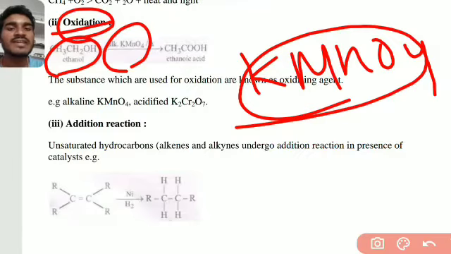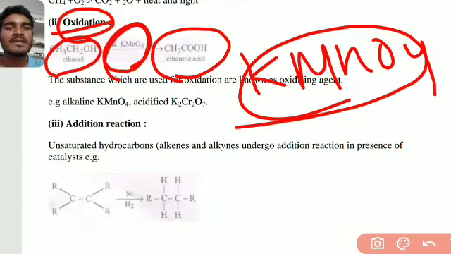We call it an oxidizing reagent when we add oxygen to a compound and it gives another compound. In the presence of potassium permanganate as the reagent, it will produce ethanoic acid.